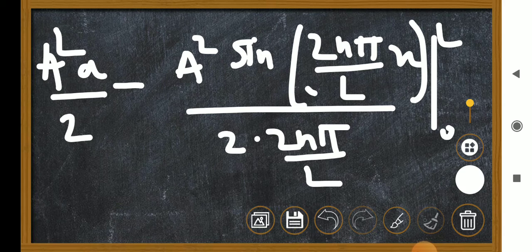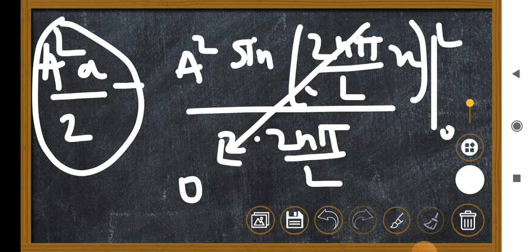Anyway, in this case, if we put x equals 0, we can start n from 1. So if you put x equals 0, this entire term becomes 0, and if you put x equals L, the entire term again becomes 0, so this entire term goes to 0. We are just left with the first term.